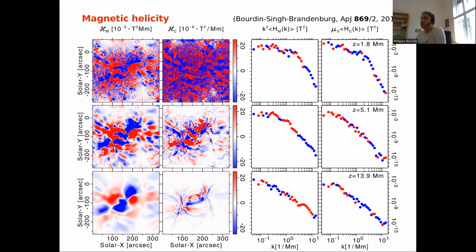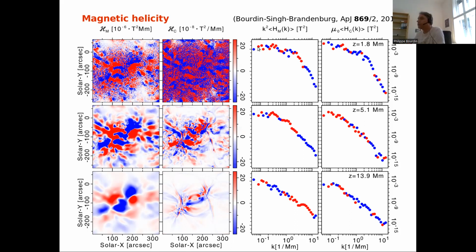For the magnetic helicity density, we see that for certain scales, large spatial scales are on the right end of the spectrum. You see here the k vector, because this is a spectrum of the helicity density, and small scales are on the left side.